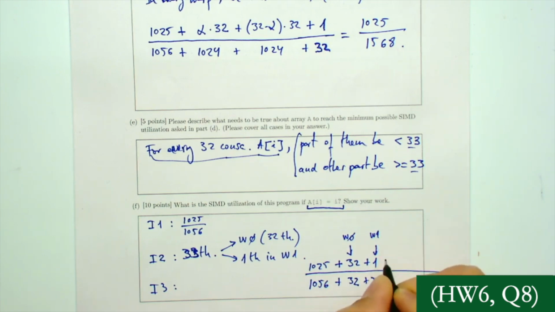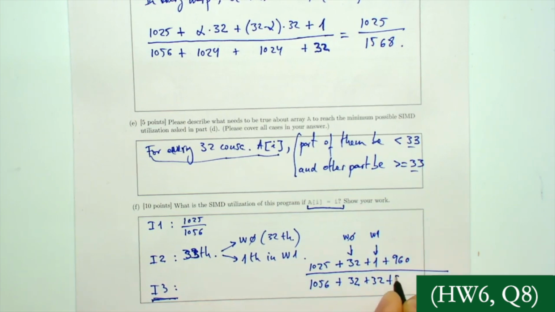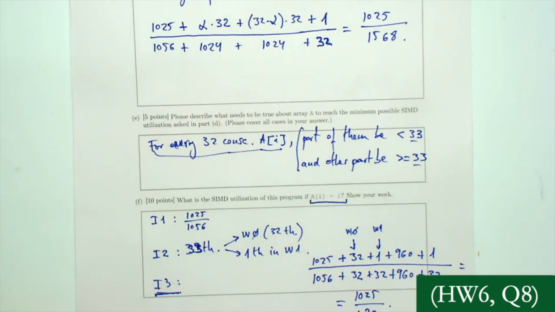And then we have 960 threads that all go and execute instruction 3, 960. And then we have the last warp with one single thread out of 32. And this will give us 1,025 divided by 1,072.